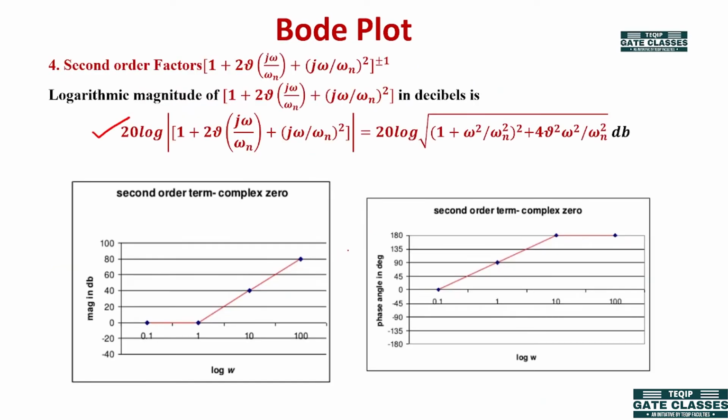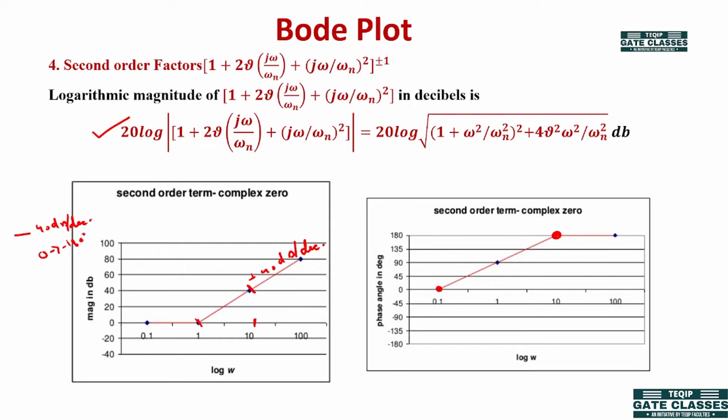For a second order zero we have a slope of plus 40 dB per decade, that is, per 10 values of omega, so we are getting a slope of plus 40 dB per decade for a second order zero, and for a second order pole we have a slope of minus 40 dB per decade. Similarly our angle varies from 0 to plus 180 degrees, and for a pole it will vary from 0 to minus 180 degrees.